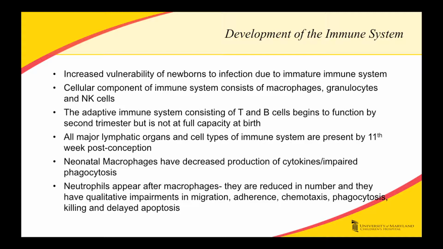All of your major lymphatic organs and cell types of the immune system are present by the 11th week post-conception. Neonatal macrophages have a decreased production of cytokines, therefore they have impaired phagocytosis. Neutrophils appear after macrophages. They are reduced in number, and they have qualitative impairments in migration, adherence, chemotaxis, phagocytosis, killing, and delayed apoptosis.